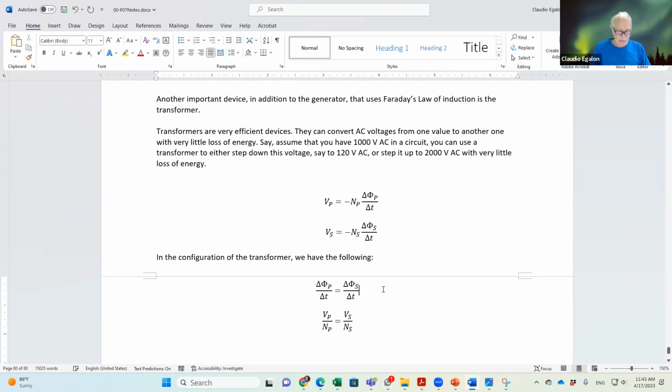And now you can see how we can step up and step down the voltage in a transformer. Don't forget what you have here has that magnitude V0 sine of omega t. Here too, you're going to have V0S times sine of omega t, okay? Don't forget that. But the sine of omega t terms are going to cancel out in both devices, okay?